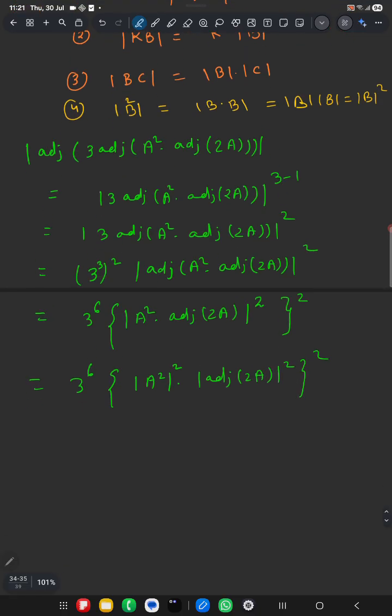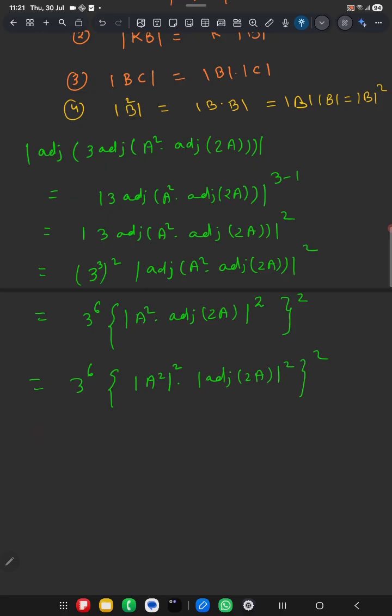Clear? Now what I have said in property number 4 is that if B square is the matrix, then its determinant will be determinant of B whole square. So if A square is the matrix, then its determinant will be determinant of A whole square.